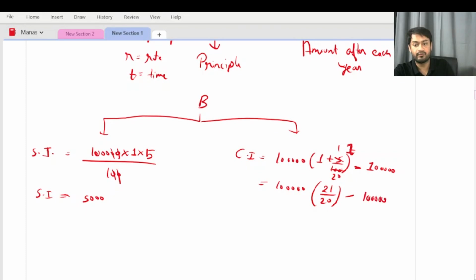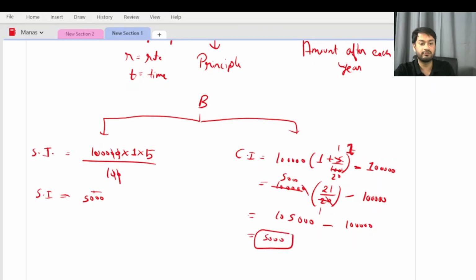Now this 0 and 0 can be cancelled. 5,000 into 21, we can calculate, although it is easy, so 1 lakh 5,000 minus 1 lakh rupees. So you will obviously get 5,000, which is the same as the first year.